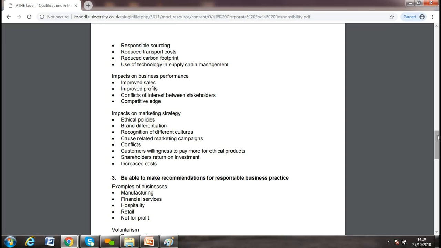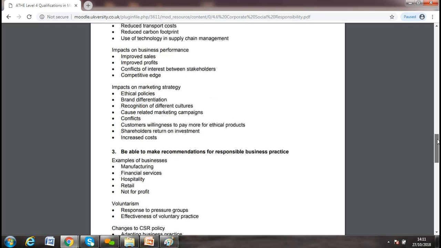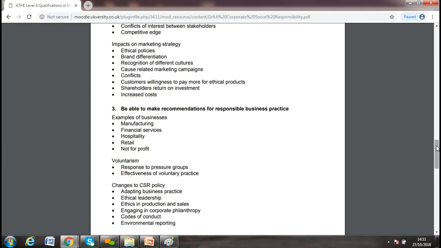In hospitality, people need to be dealt with respect and dignity. In retail, we are supposed to be members of the retail consortium and charge only fair prices to the customer. Not-for-profit businesses may not have earning profit as their key objective, but they still have to look at the utilization of the funds.